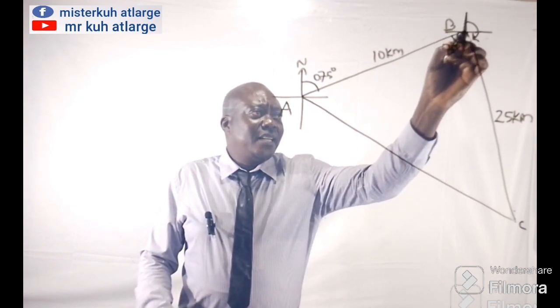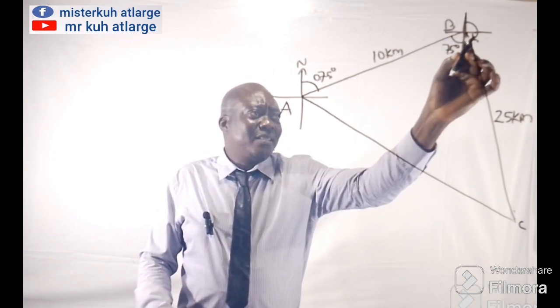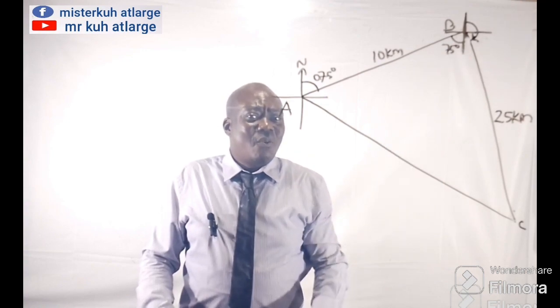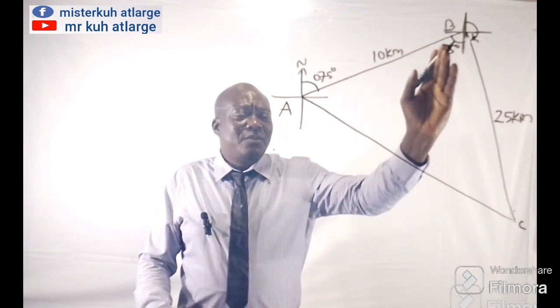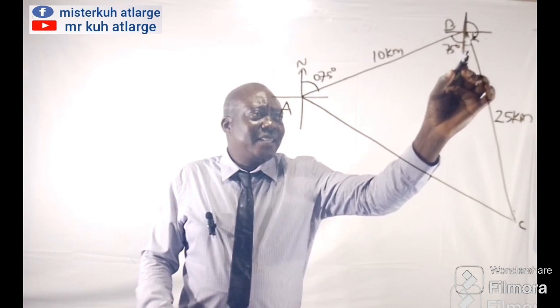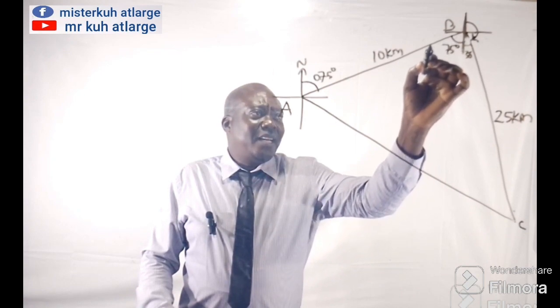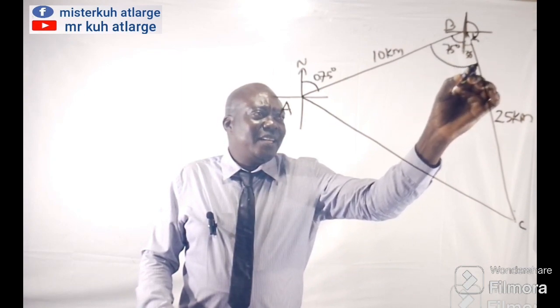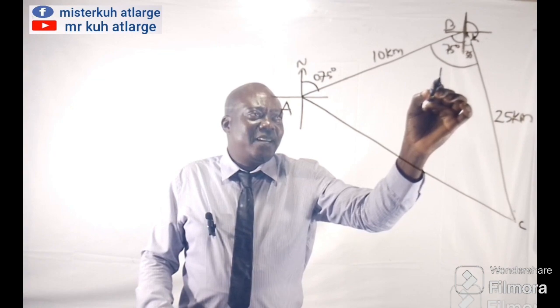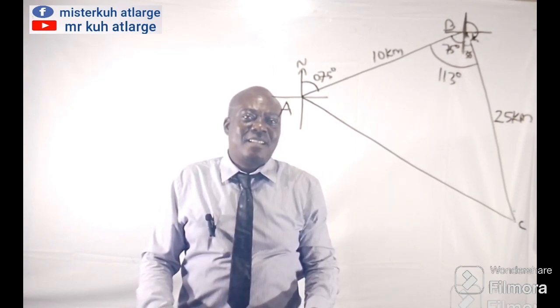And the angle from here to here is 180 degrees, but it stops at 142. So if you remove it from 180, this place will now be 38 degrees. Meaning the angle from here to here would be 113 degrees.